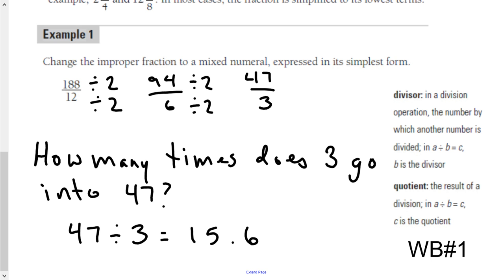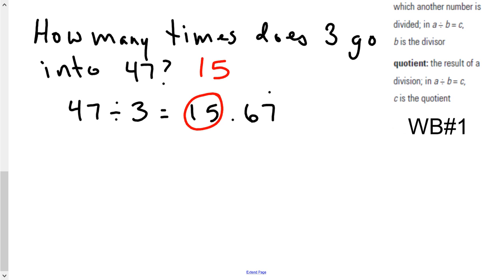So this big number, 15, goes in 15 times before it goes over. So 15 times 3 is 45, and the remainder is 2.